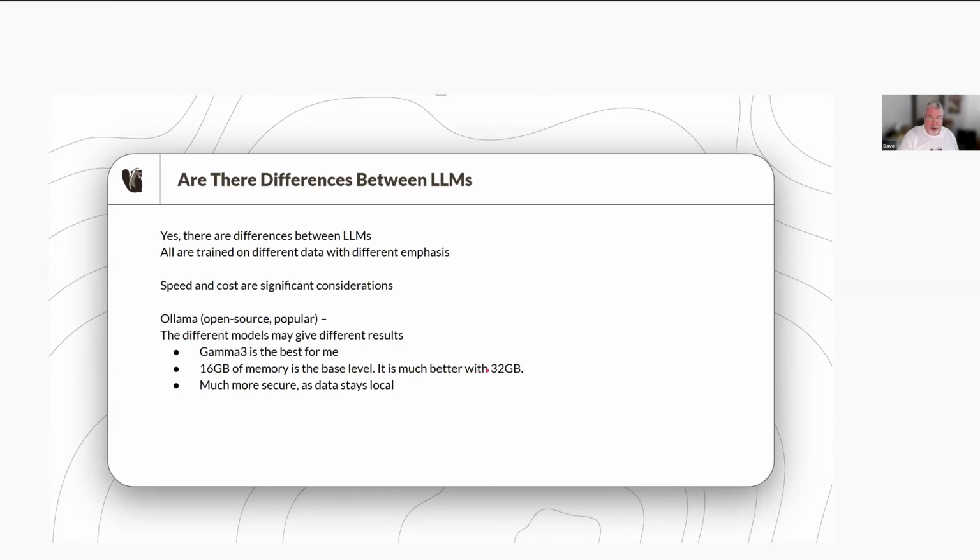It's better with 32, and the more memory, the happier. For me, overall, Gemma 3 was the best LLM to load on top of Ollama. Your mileage may vary. And once again, since this runs natively on the same machine, I can shut off the Wi-Fi, pull the network cable, and everything's on the machine. Nothing's going across the net to an LLM that may or may not be sniffing my data.